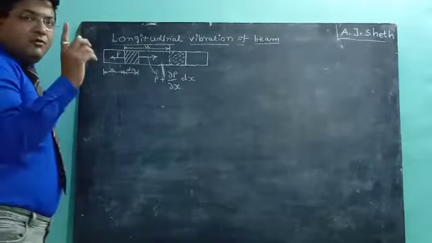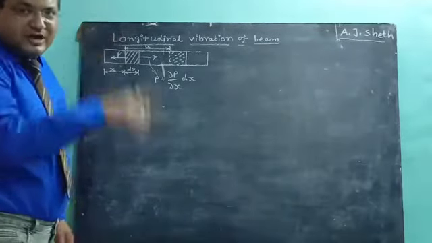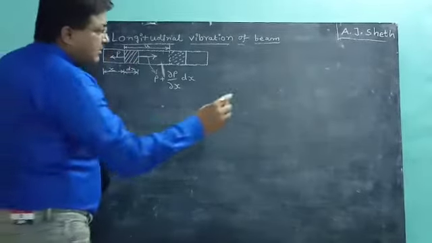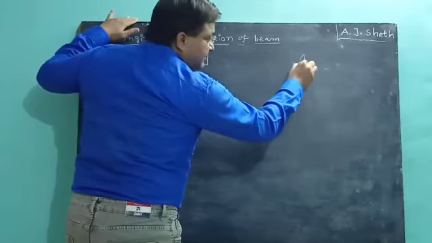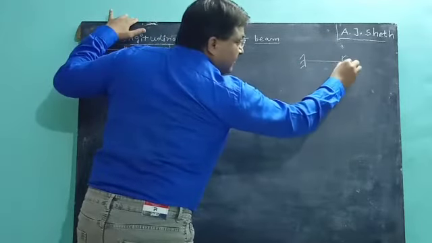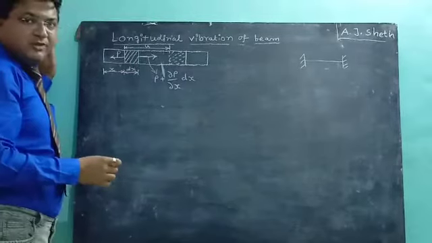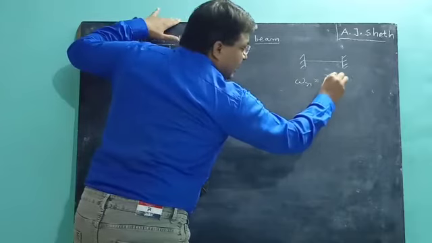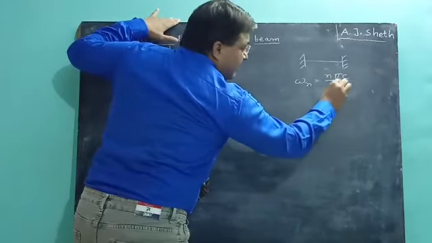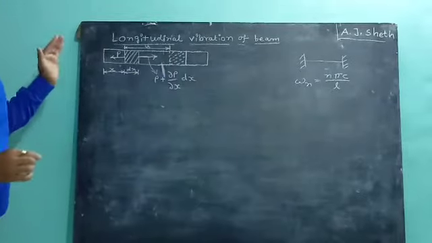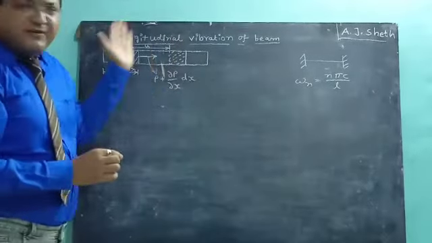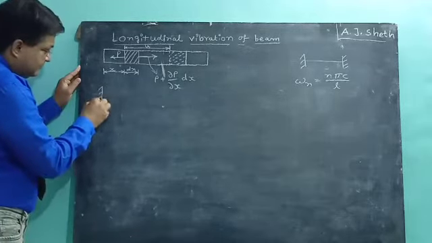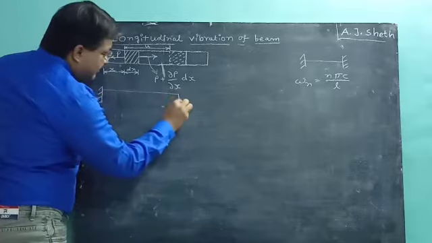Now, for the previous case, that is the transverse vibration case, we considered the boundary condition of both ends fixed. In that case, we got natural frequency omega n equal to n pi c upon L. Today we are going to discuss a different boundary condition, that is one end fixed and the other end free.